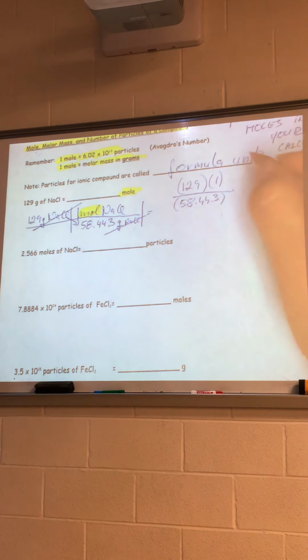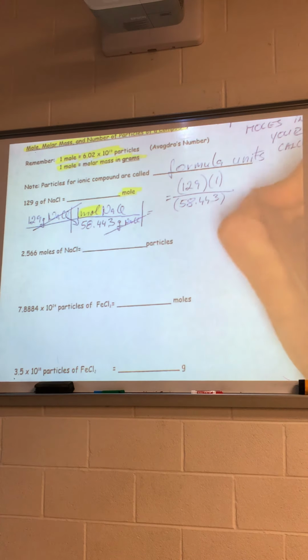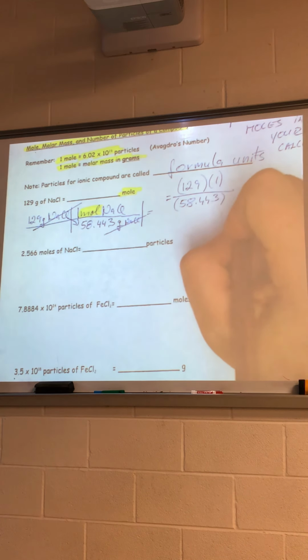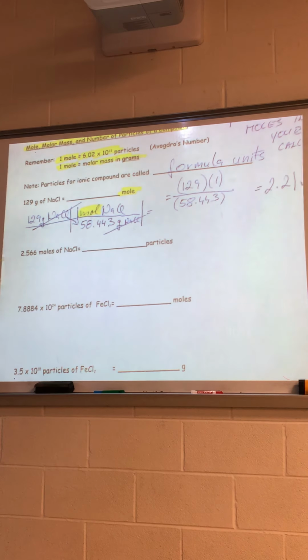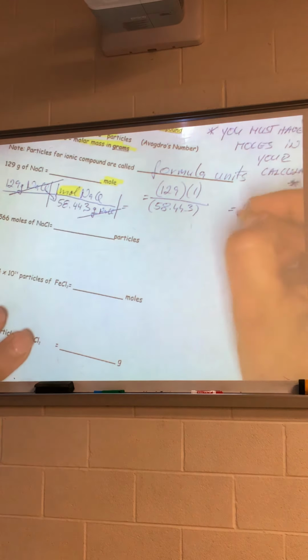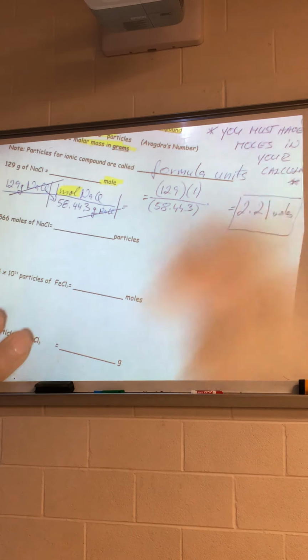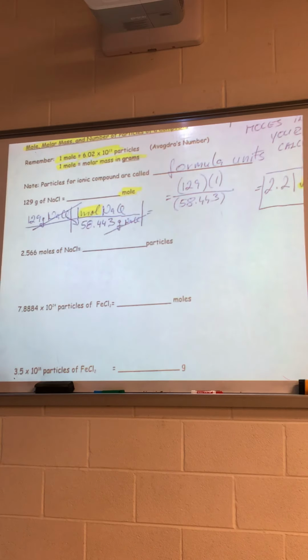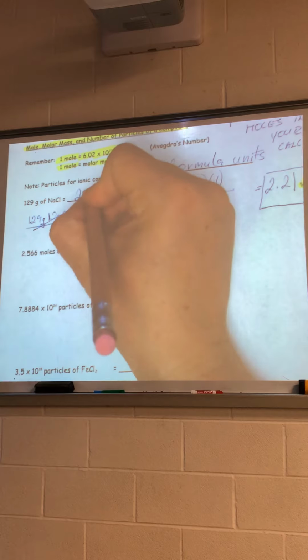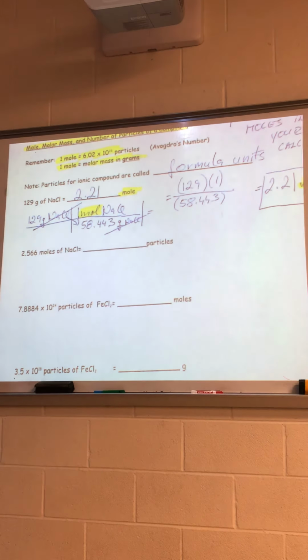And your final answer is what? 129 divided by 58.443 is 2.21, and your answer is in moles. Box it in, you have your moles, which is what I'm looking for, 2.21 moles. Okay? Alright, let's look at the next one.